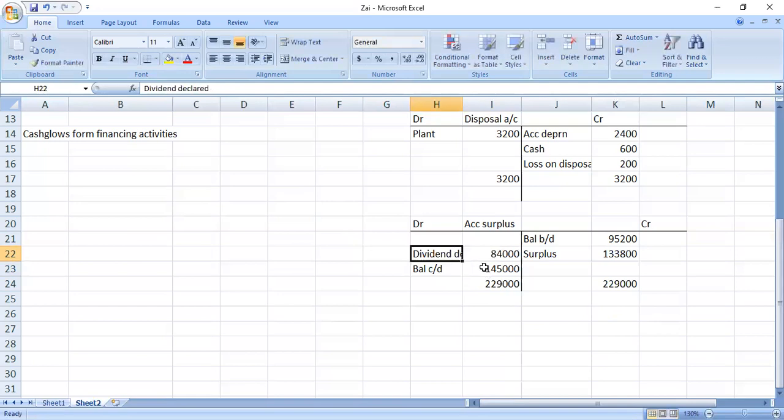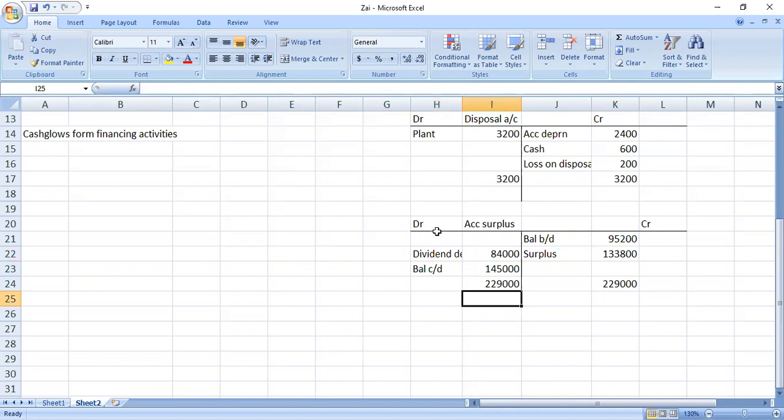Let me emphasize this point. It becomes paid on a condition that you don't have anything like dividend payable or dividend receivable in your balance sheet. So when you go to the balance sheet, this particular one, there's nothing like dividend received or dividend payable or dividend outstanding.